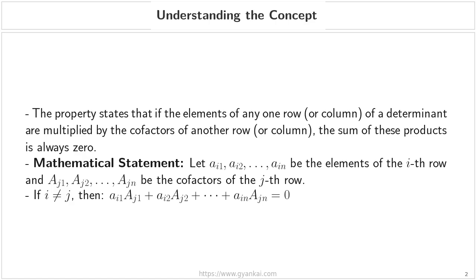Suppose we have the elements of the ith row, which we can call a_i1, a_i2, all the way up to a_in. Now, let's take the cofactors from a different row, the jth row, which we'll call A_j1, A_j2, up to A_jn, and the rule is simple. As long as i does not equal j, then the sum of a_i1 times A_j1, plus a_i2 times A_j2, and so on all the way to a_in times A_jn, will always result in 0.